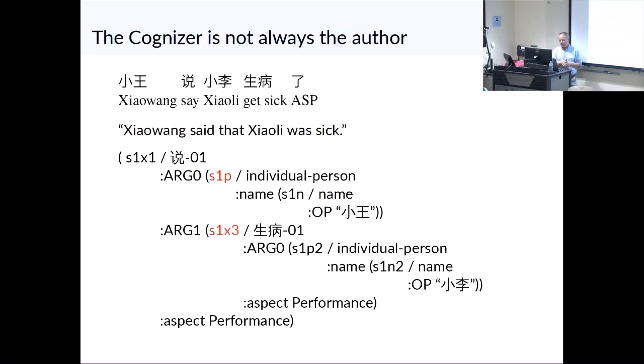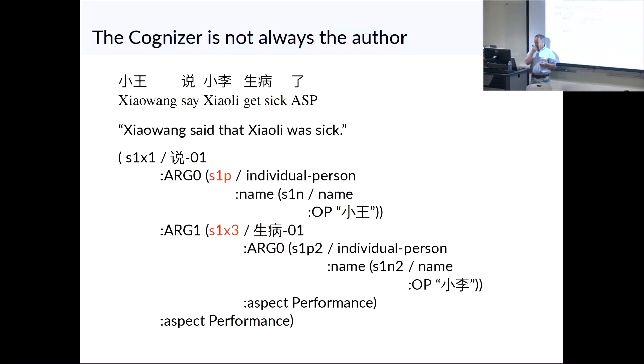The one basic point is that just like the reference time for time annotation is not always the document creation time, the cognizer is not always the author, right?